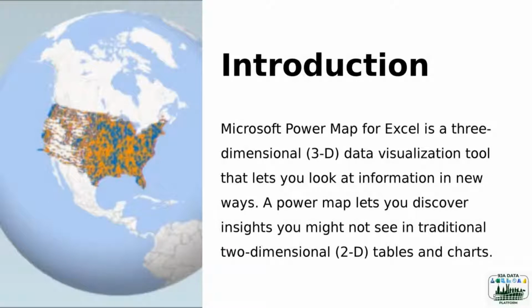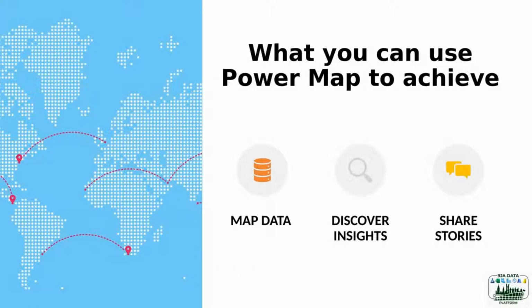Microsoft Power Map for Excel is a three-dimensional data visualization tool that lets you look at information in new ways. A Power Map lets you discover insights you might not see in your traditional two-dimensional tables or charts. Now, what can you use Power Map to achieve? You can represent millions of rows of data on a map.